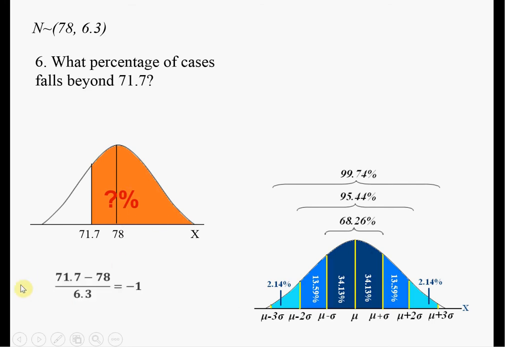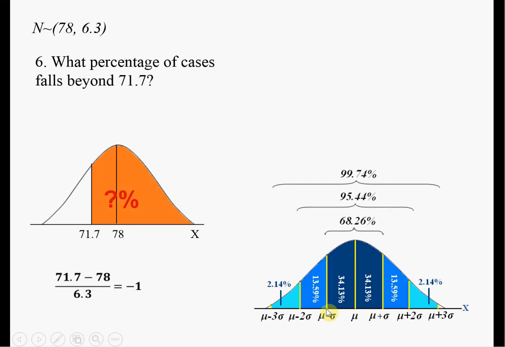Now, to figure out how many standard deviations are between 71.7 and 78, we use 71.7 minus 78 divided by 6.3, and that gives us -1. So we know that 71.7 is one standard deviation below the mean, and that number corresponds to this position.